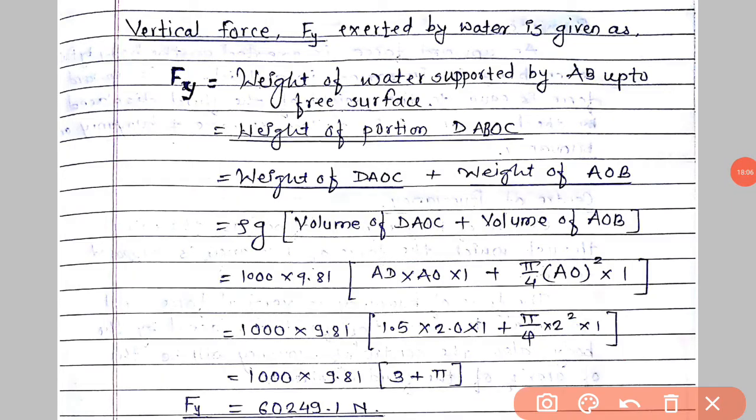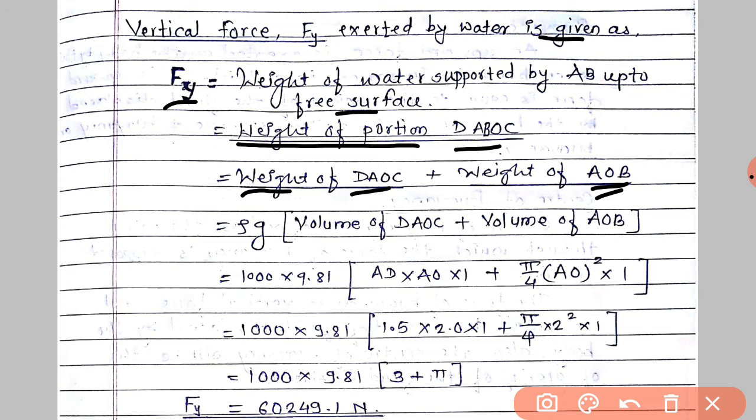The vertical component Fy exerted by the water is given as the weight of the water supported by AB up to the free surface of the liquid. So it is given as the weight of the portion DAOC, that is the portion of the curved surface and above the curved surface. So the weight of DAOC plus the weight of AOB.